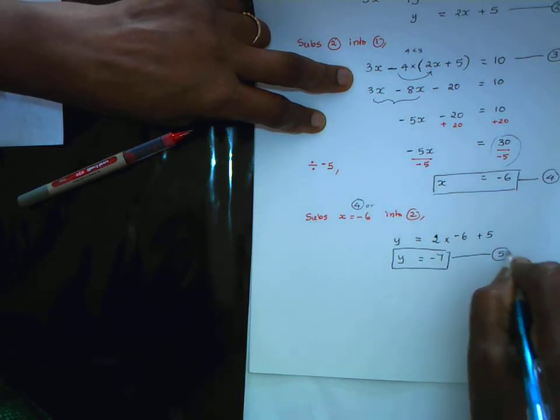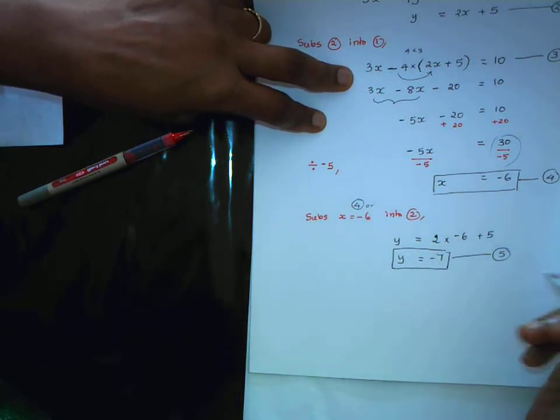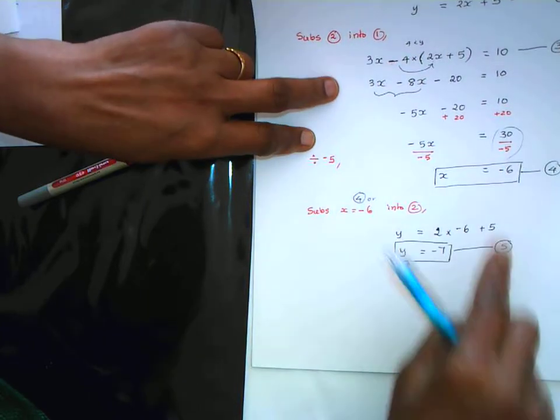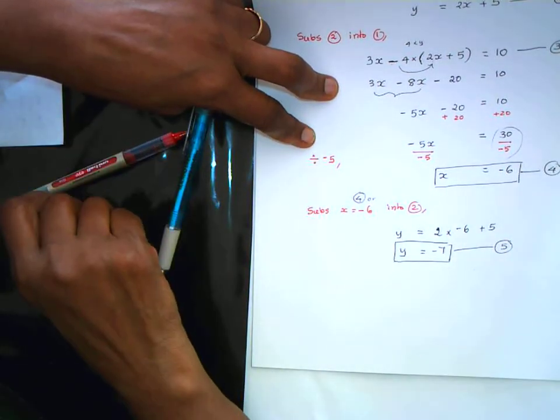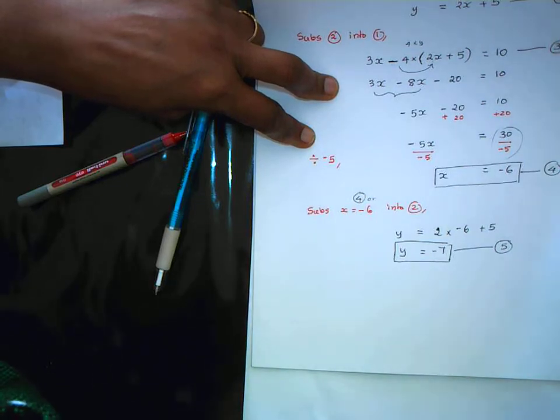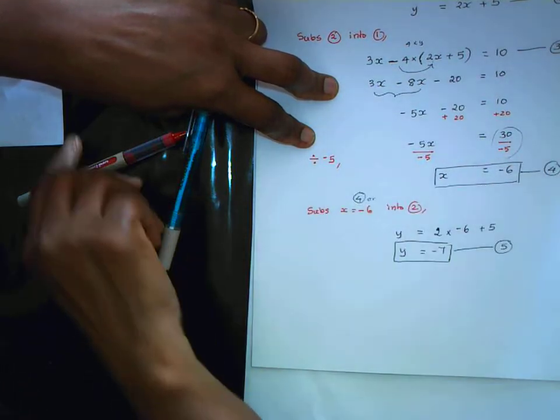In fact the question is over because you are asked to find x and y. But if you want to know you got it right, you can always go back and sub and check whether your answer is right. Here again you have to make another choice between 1 and 2. Because I used 2 already, I'm going to use 1 and see whether it works.